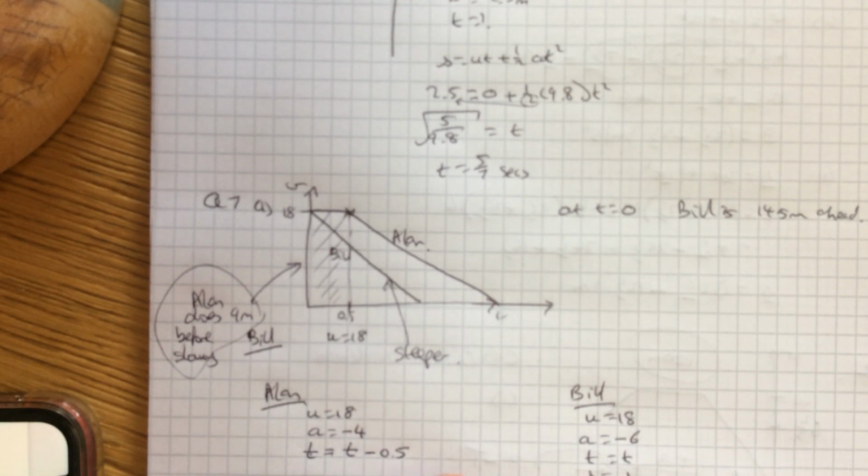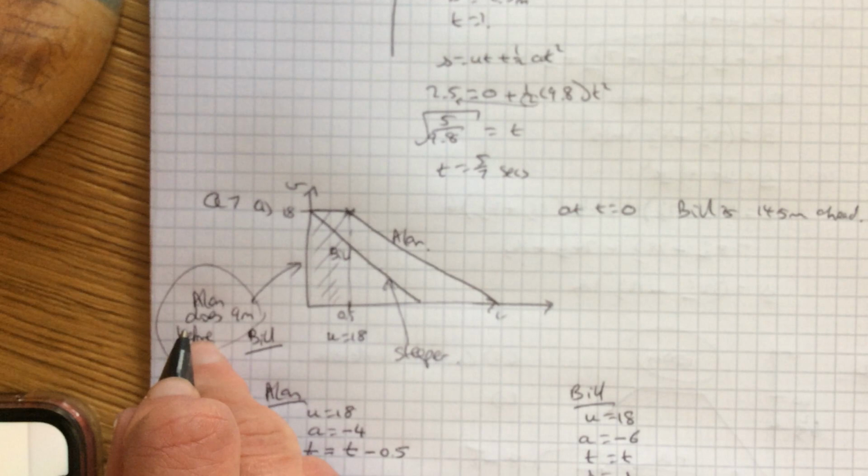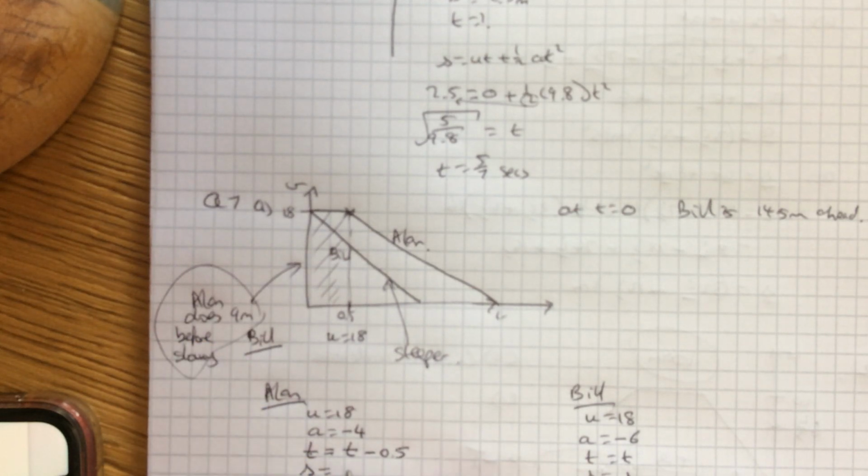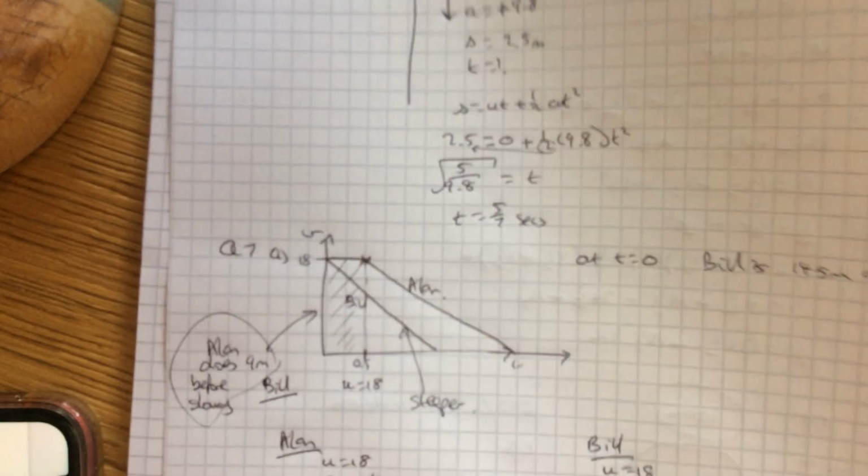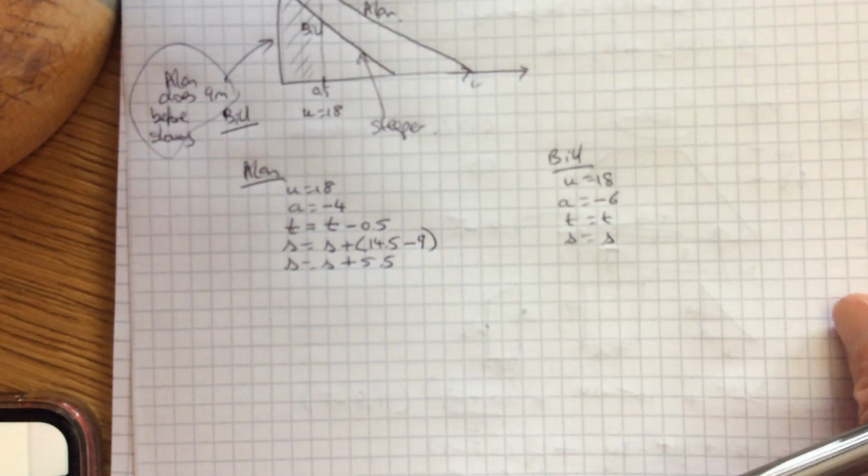So let's work out Alan's. Well, first of all, Bill was already 14.5 metres ahead. But Alan's already made up 9 of those metres. So Alan's time is going to be Bill's time plus the bit still to go. So 14.5 minus the 9 he's already made up. So Alan's distance is going to be S plus 5.5. Now that is quite complicated, to be fair there.